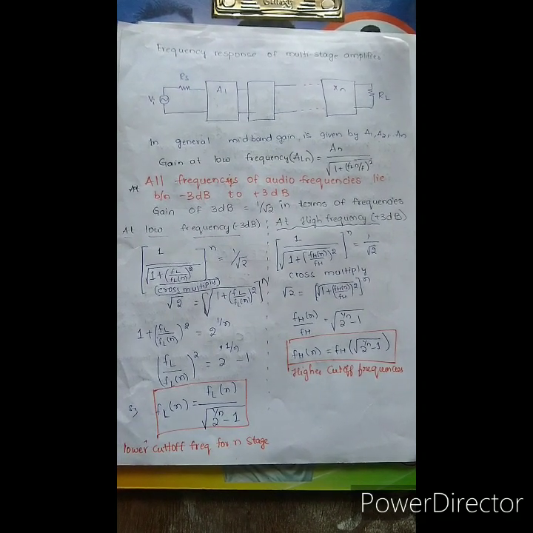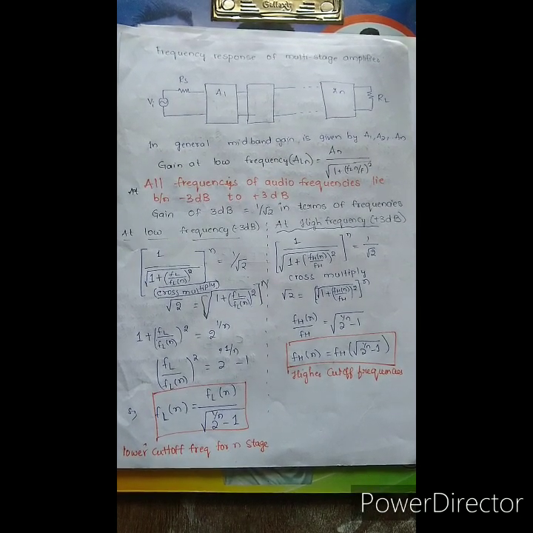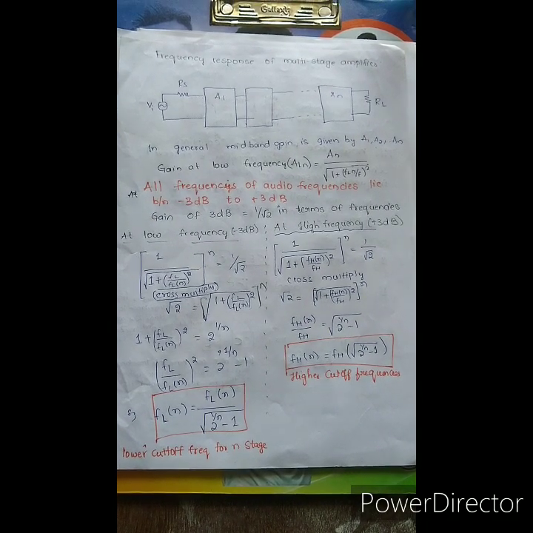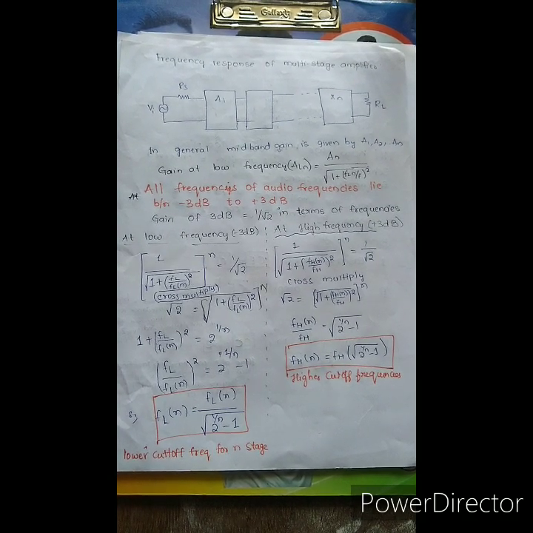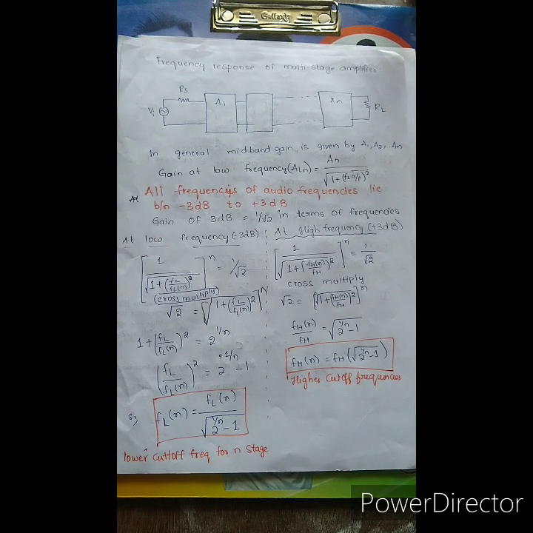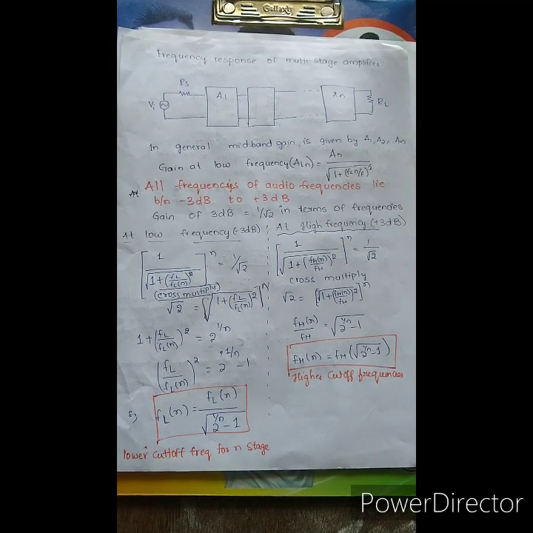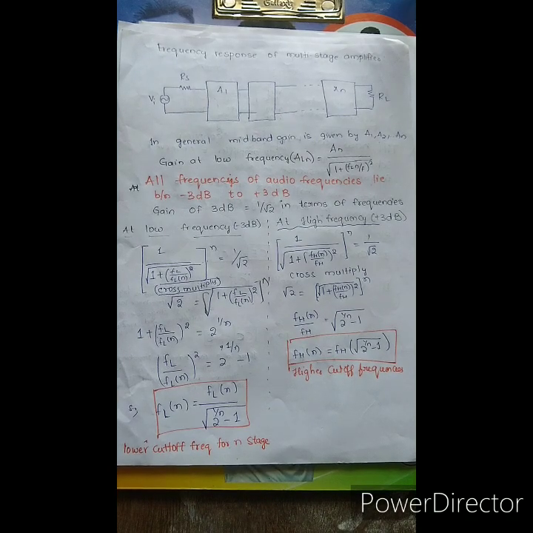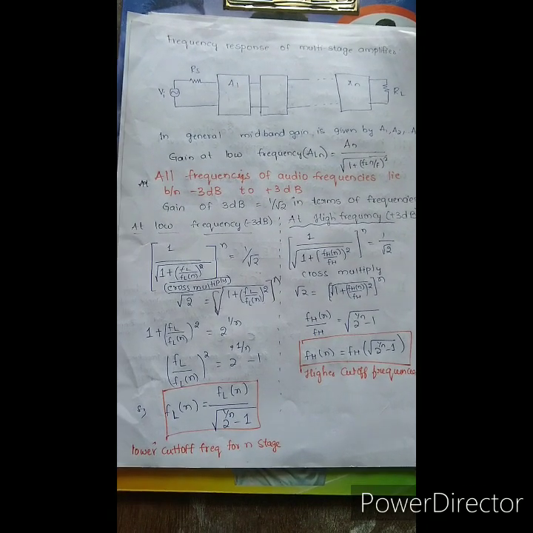Now when it is applied to n multi-stage amplifiers, the gain at low frequency can be taken as ALn equal to An, the gain of n amplifiers, by under root 1 plus FLn, the lower cutoff frequency of n amplifiers, by F whole square. This can be written as 1 by under root 1 plus FL by FLn whole square, whole power n, equal to 1 by root 2.